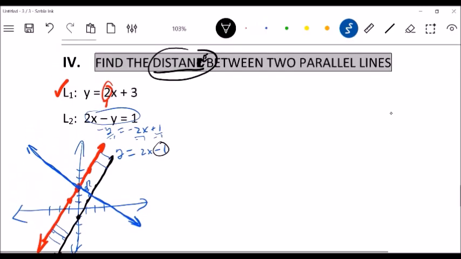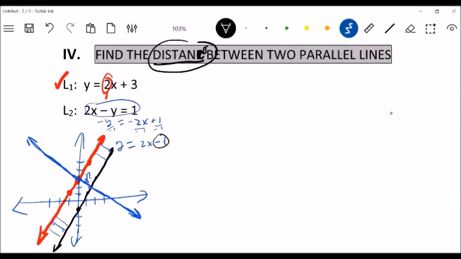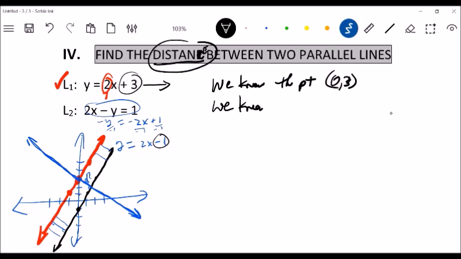Now, think about what we have here. We know the point, which is 0, 3, because it's the y-intercept from that line. We can find the slope, or in fact, we know the slope. I'll call this one, oh, we have to name the lines.